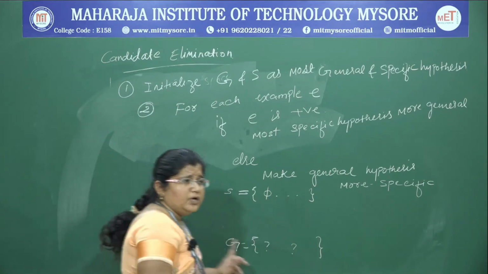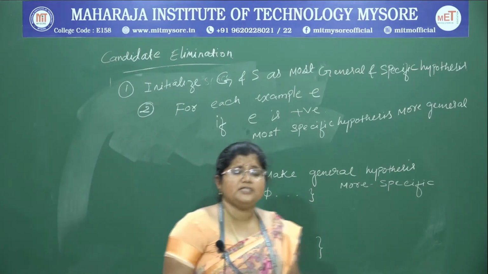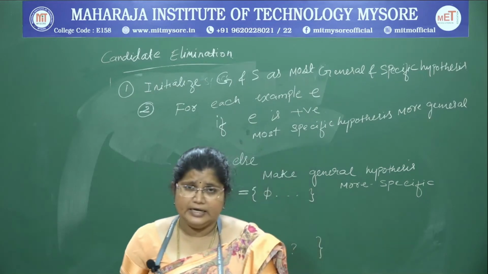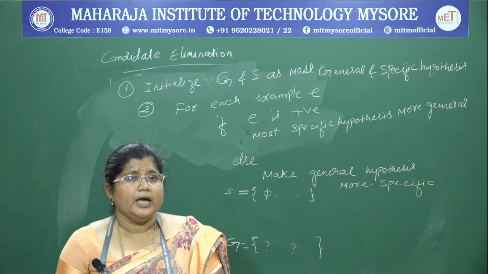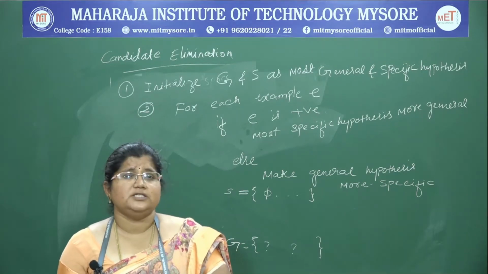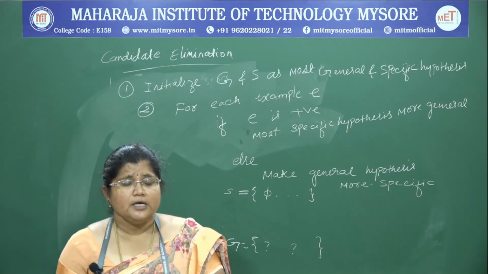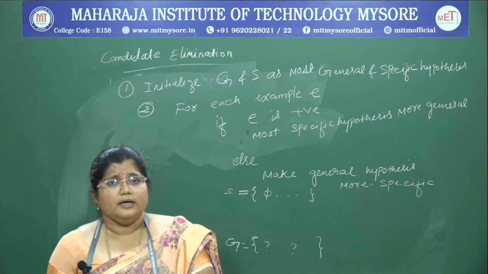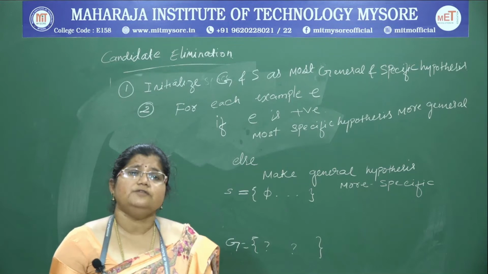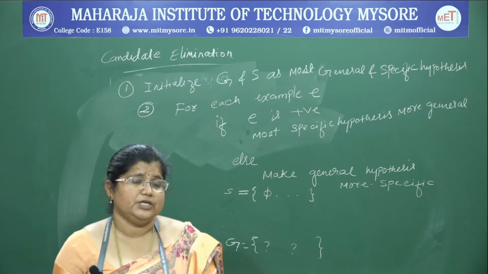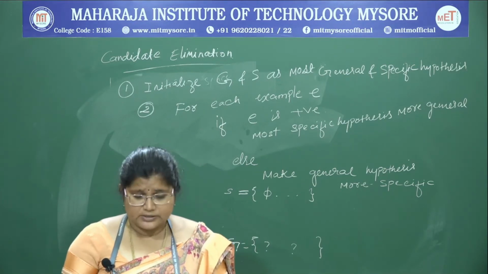Between these two, a version space boundary is created, and inside that boundary a subset of hypotheses is generated, so that the hypothesis is going to address both the positive training example and the negative training example.